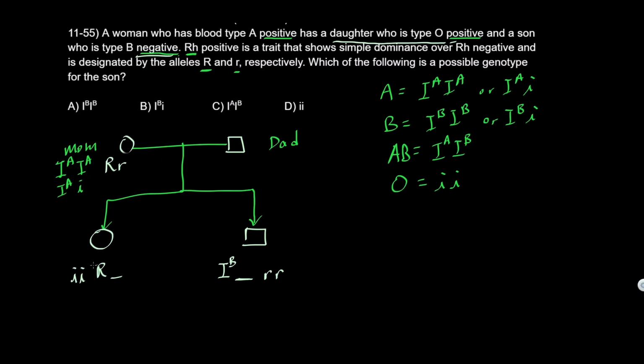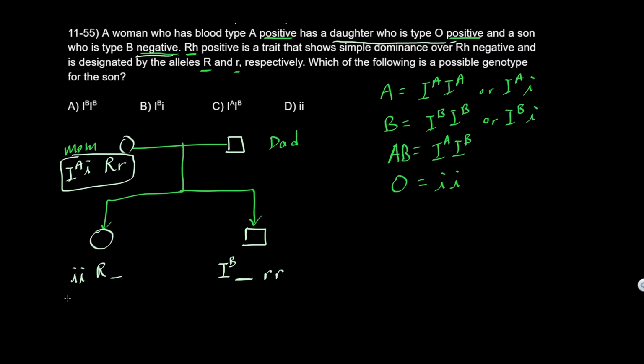Okay, and also look at the daughter. Because she's blood type O, one has to come from dad and one has to come from mom. So that means mom's genotype for her blood type must be, let me see, mom is A, so like that. So mom's genotype is like that. Okay, to answer this problem, we gotta find out the genotype for the son.